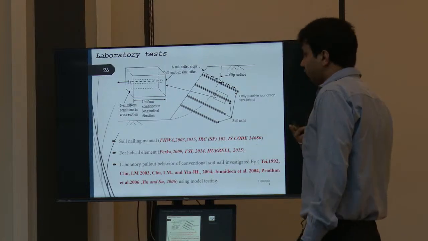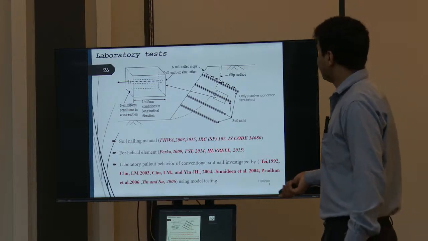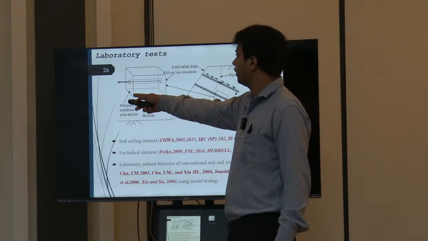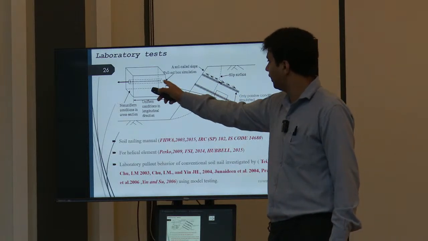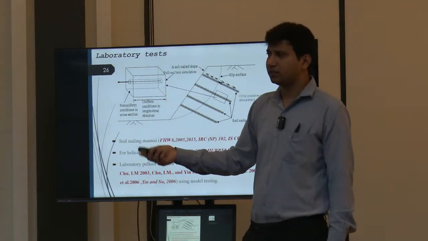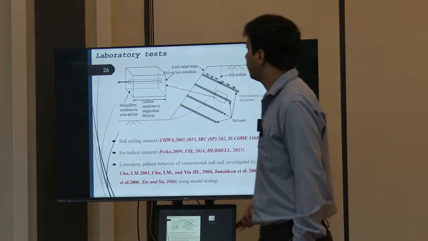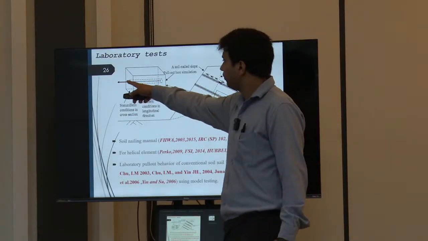Now if we require a pull-out test, what are the laboratory tests for the calculation of pull-out? So we have a tank. In order to calculate the pull-out capacity, we simulate this condition over here. We consider that there are a number of assumptions as well. So in order to calculate the pull-out capacity of a particular soil and particular nail sample, we use the soil sample inside this tank, and we use our specimen.